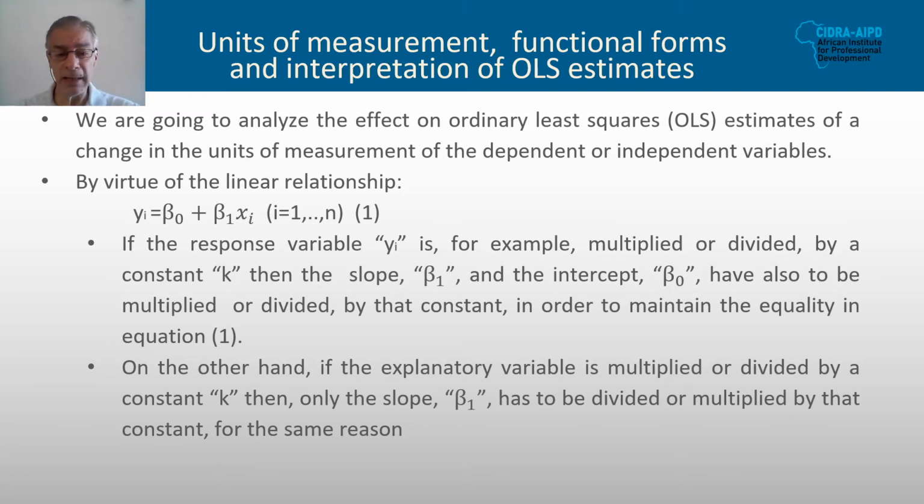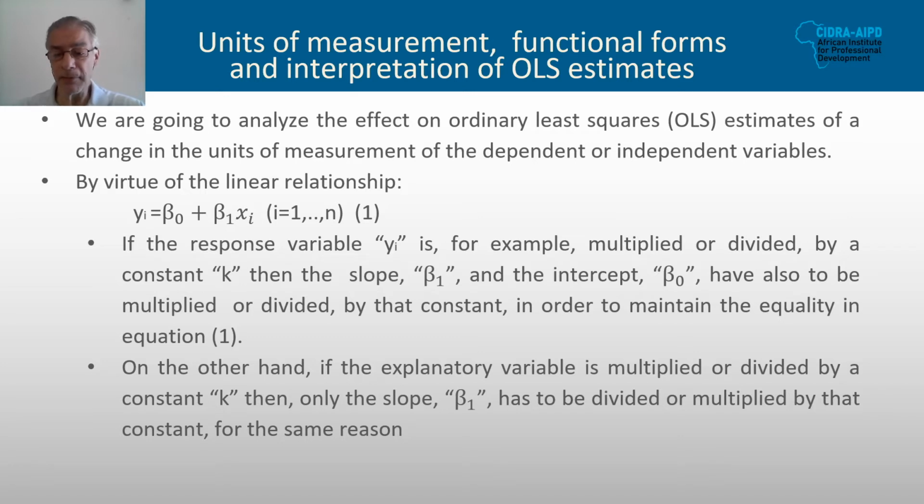On the other hand, if the explanatory variable x sub i, which we are also going to call the independent variable x sub i, is multiplied or divided by the constant k, then only the slope beta sub 1 has to be divided or multiplied by the same constant.